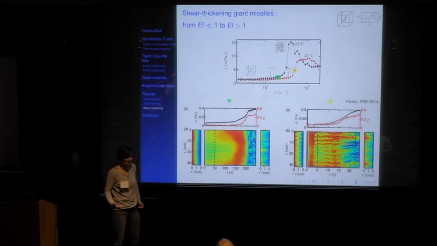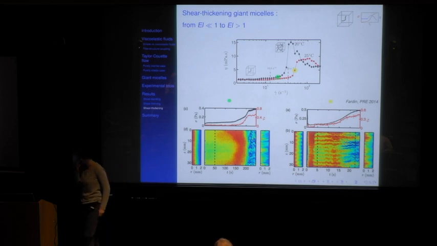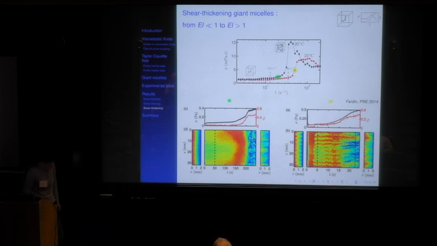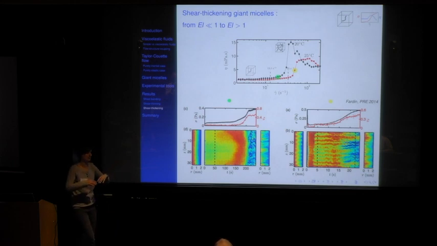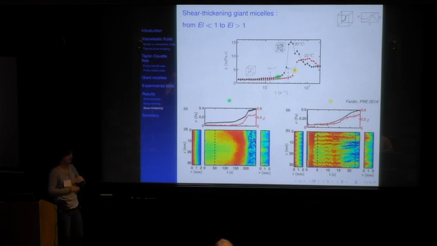In cross-channel, Simon Howard did a lot of work on that, and there are also instabilities, with asymmetry of the flow. But he didn't try this dilute system. He tried the semi-dilute one, which exhibits shear banding.